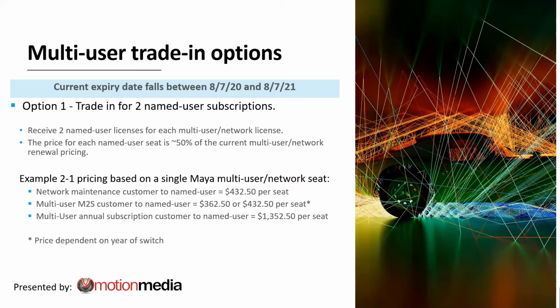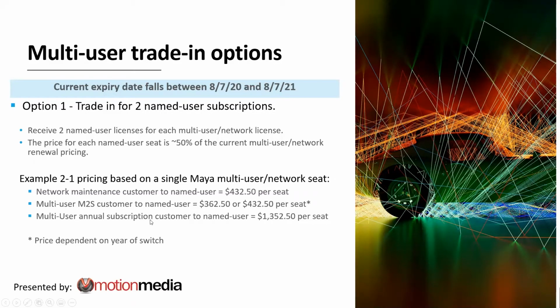You certainly aren't required to get 2 for 1. If you decide you only want 1 of 2, then your cost will be half. So for example, the current cost of a perpetual network license to renew for somebody on maintenance is $865. Maintenance is associated with perpetual; subscription is a term-based license. So each of the 2 named user seats is going to cost you $432.